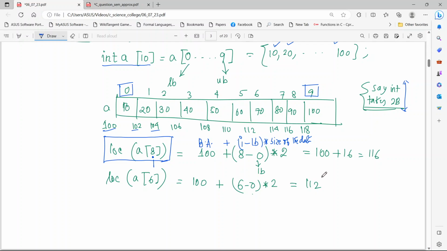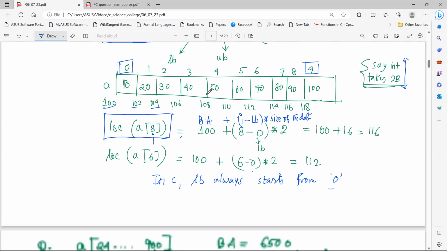Now the thing is that in data structure in C, the lower bound always starts from 0, but in other languages you can denote it as per your wish.